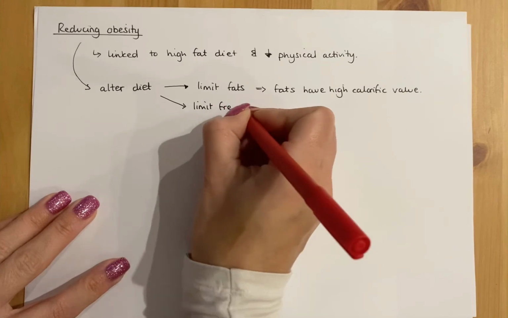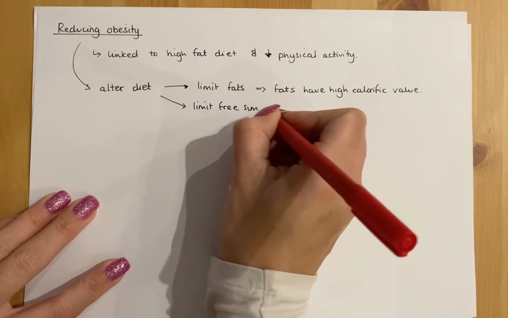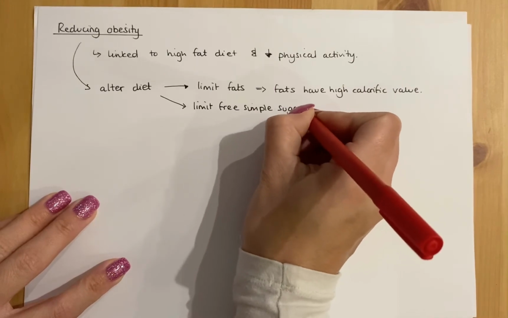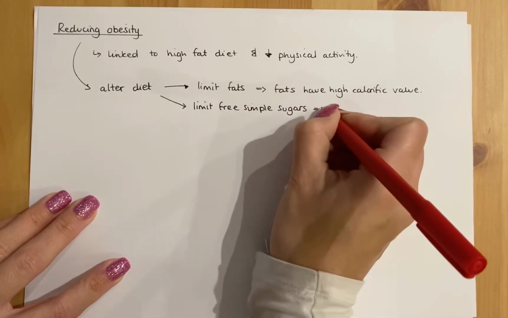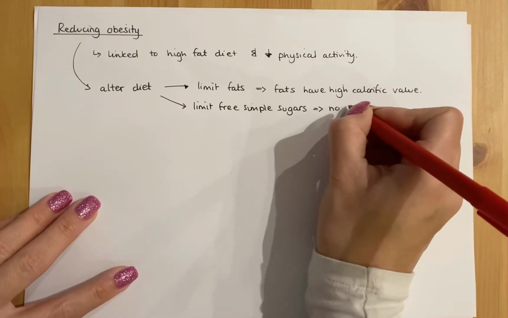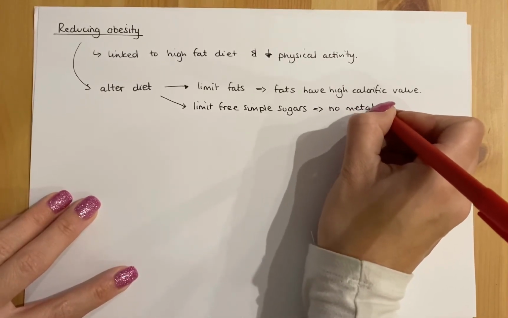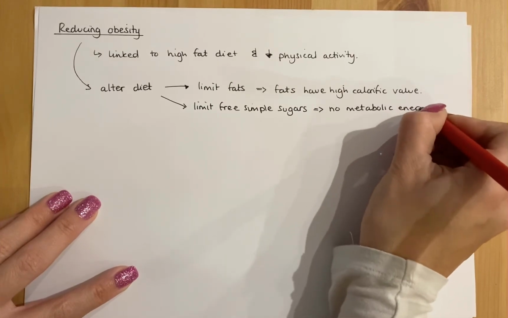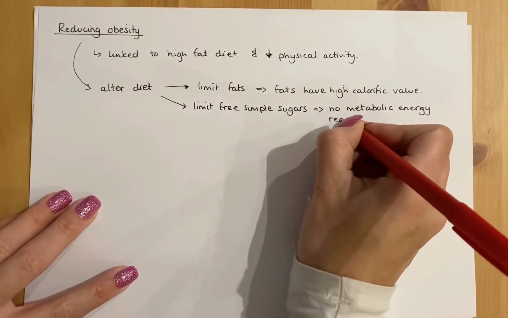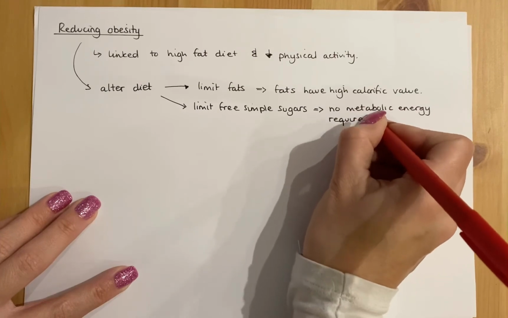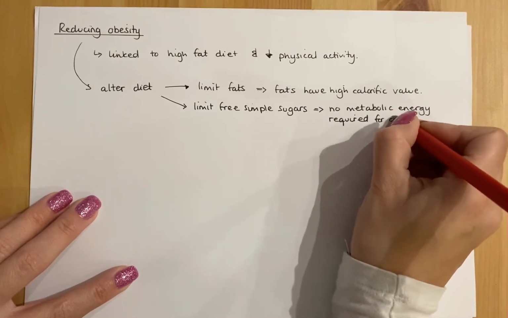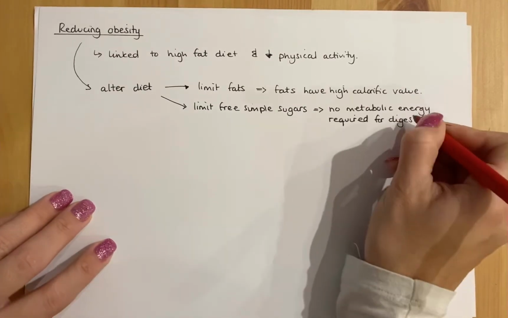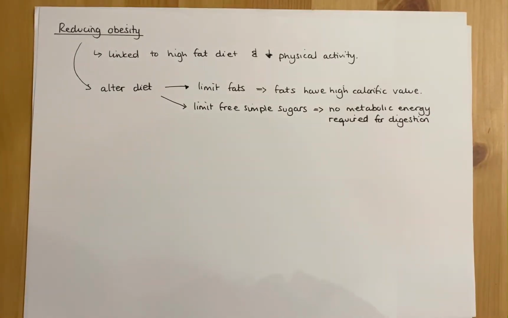Now, free sugars are simple sugars, ones that are like in fizzy drinks and things like that. And the reason we do that is because there's no metabolic energy required for them to be digested. And what that means is essentially those sugars are just absorbed straight into the bloodstream. They don't need to be digested, so therefore we don't spend any energy digesting them. They go straight into our bloodstream and then are typically just stored as fat.